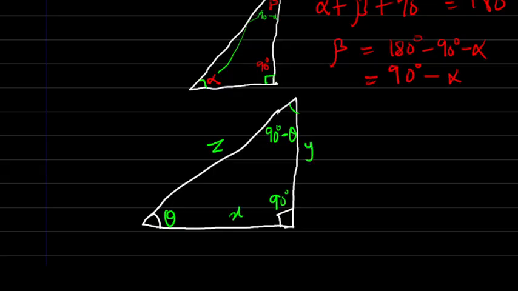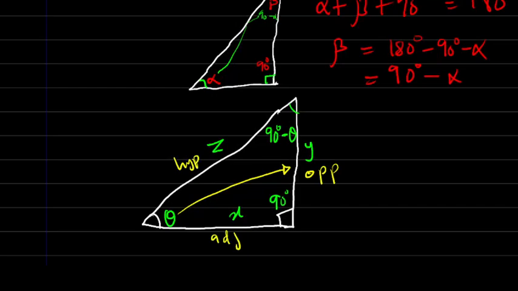Don't forget, any angle we are considering, wherever the angle is facing, let's say we are considering this angle, that means this place is opposite, this is hypotenuse, and this is adjacent.